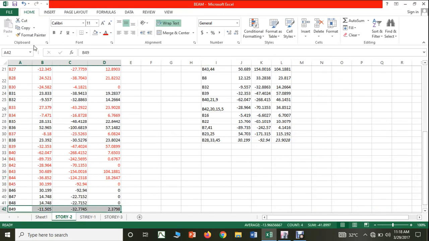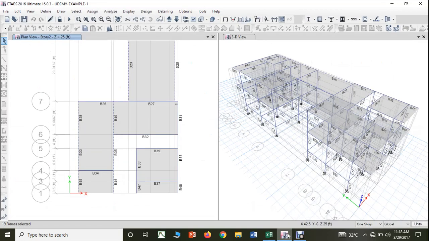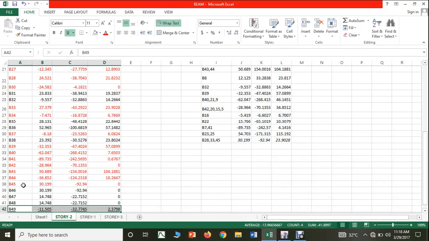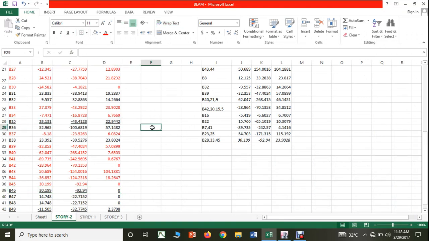So 49, 35, 46. Sorry, 35 and 46. Again, in that you can see that the 30 will be the highest one.